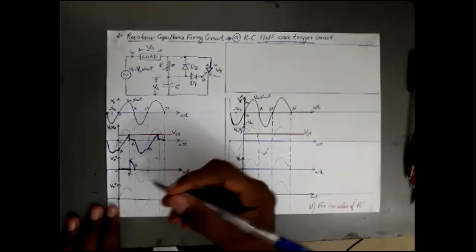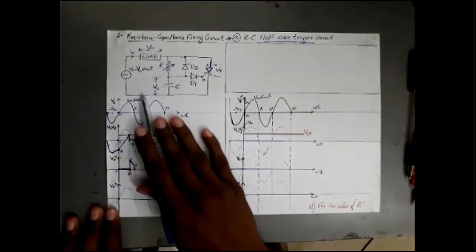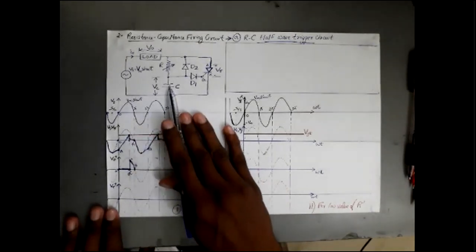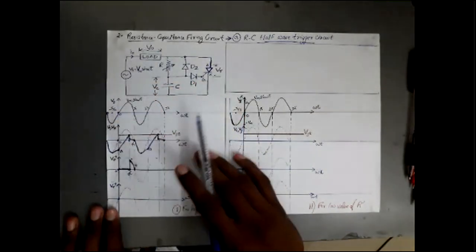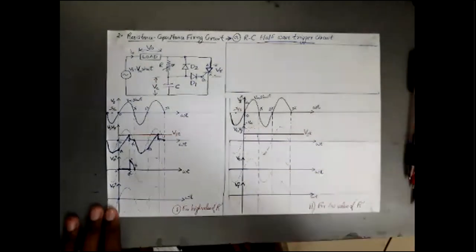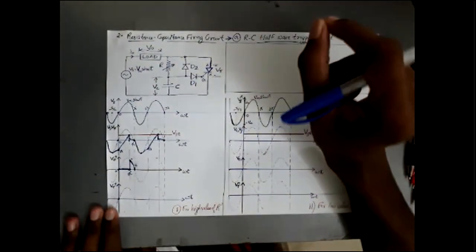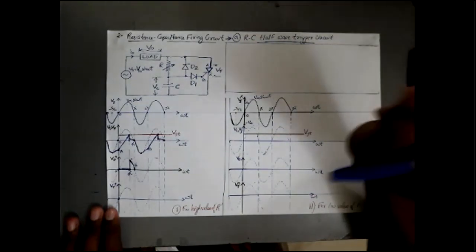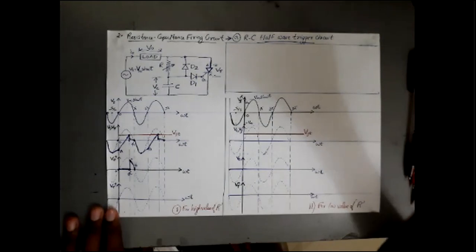A very low current will flow from Vs through Vc, through the capacitor, through D2, and the circuit is closed. That current is very small, so it is considered as zero load current, that is I0 will be zero during the negative half cycle. So voltage V0 will also be zero.